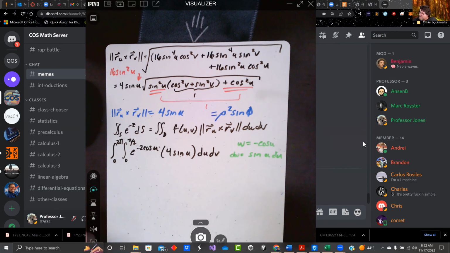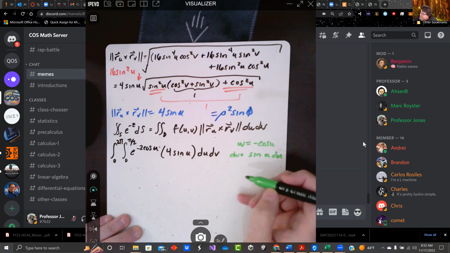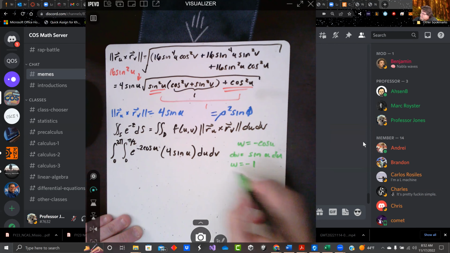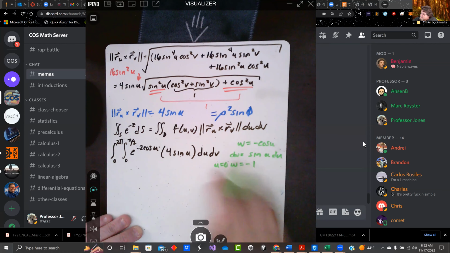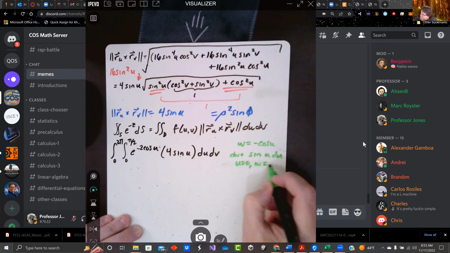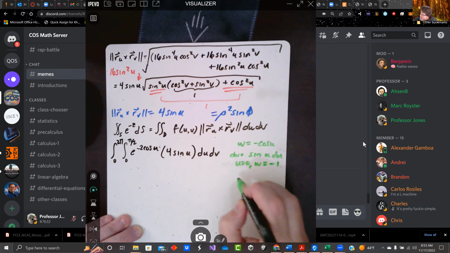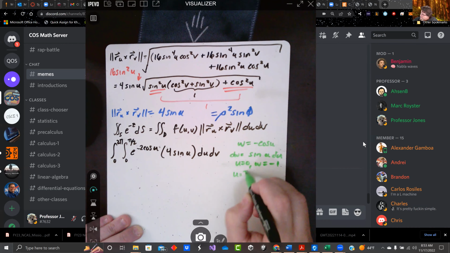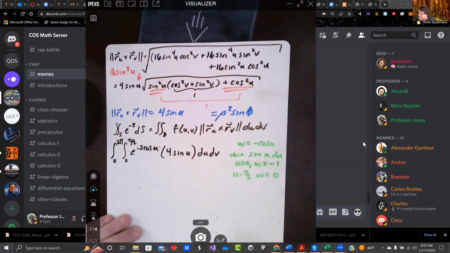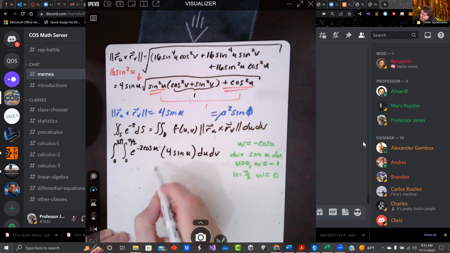And what happens when u equals 0, w equals negative 1. And when u equals pi over 2, w equals 0. So if I rewrite my integral, I'm going to bring that 4 out front.